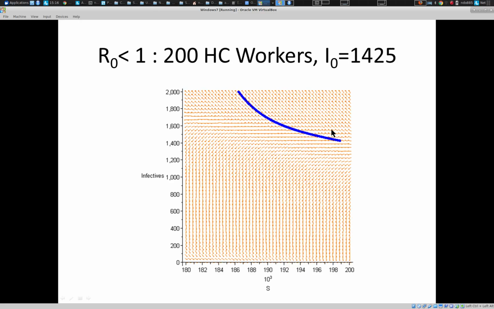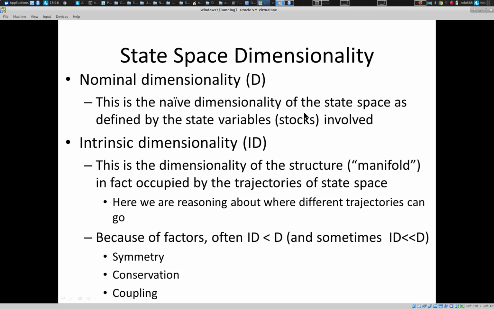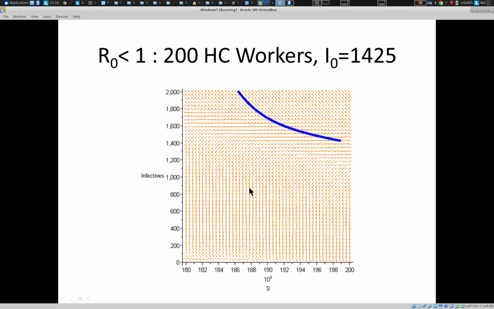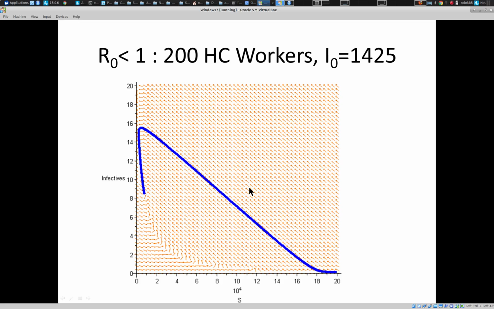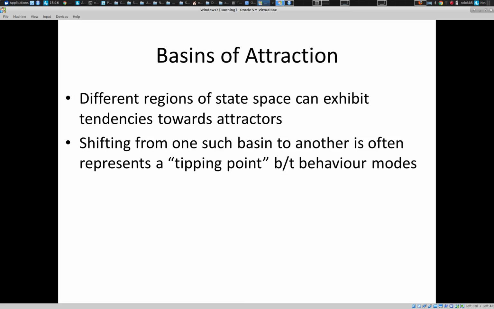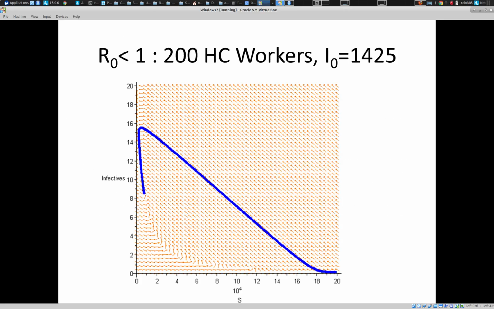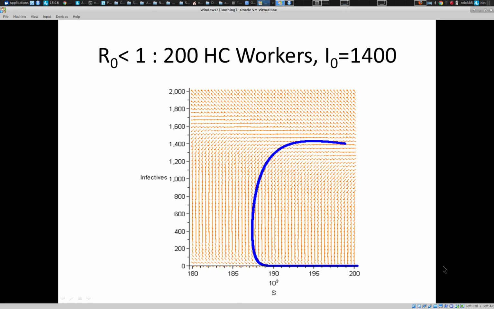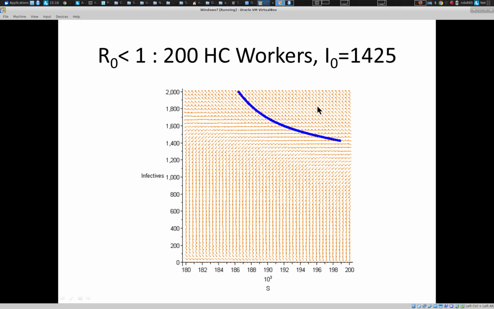So on the one hand, we go to this basin. On the other hand, we go to that basin of attraction, okay? So this is an example of different basins of attraction. It's like different areas where there's a lake at the bottom of each one. If you have a marble and you roll it down here, it'll roll down into this basin. If you have one here, it'll roll down into that one, okay?